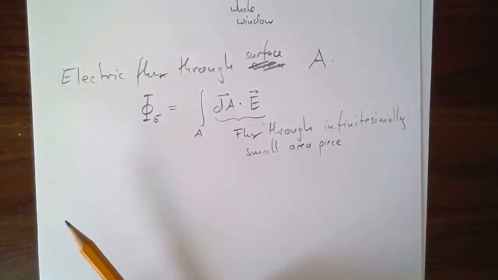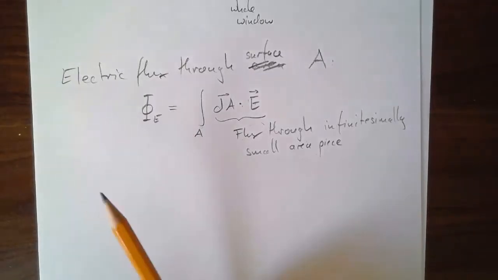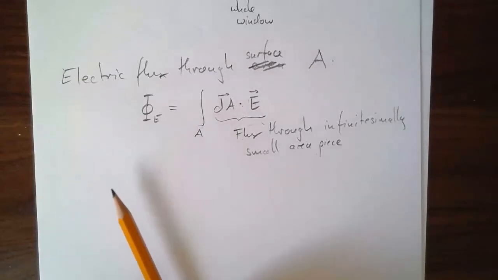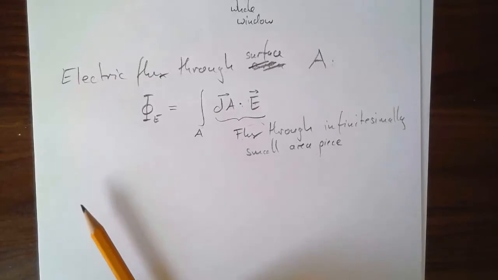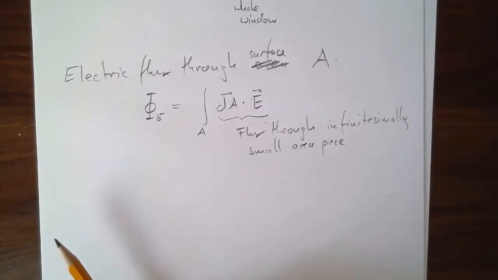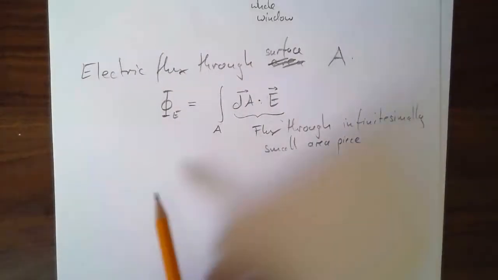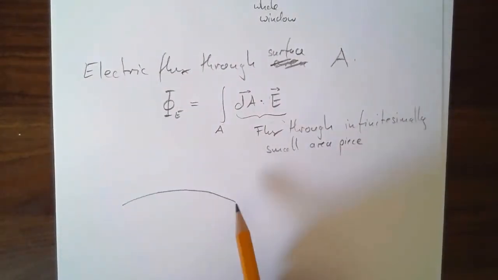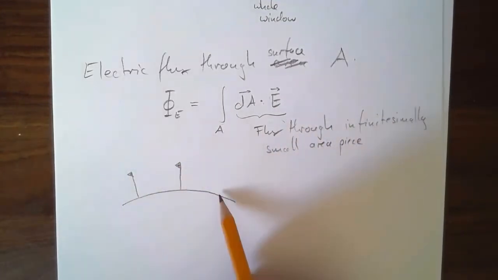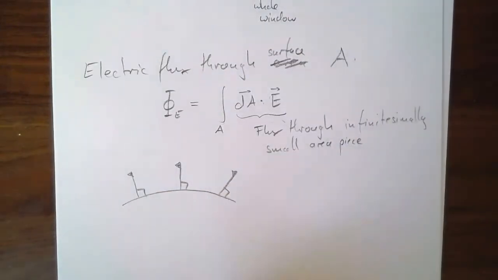We could have it curved, and what that would change is that the flags sticking out of it, you can imagine lots of little flags, wouldn't be parallel to each other as you move from one place on the window to another. If our window had a shape like this, the flag here looks like this, the flag here looks like this, but they're all at 90 degrees to the window.